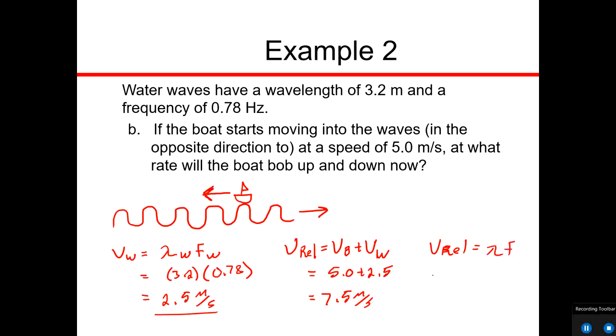So for the relative velocity, we have 7.5 is equal to the wavelength, which we know is 3.2, times our frequency, and we end up with a frequency of 2.3 hertz. So this is larger than our initial frequency, again, because the boat is heading into the waves, so it's going to be colliding with them and moving up and down at a faster rate.